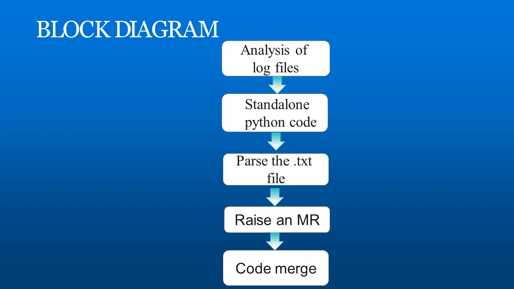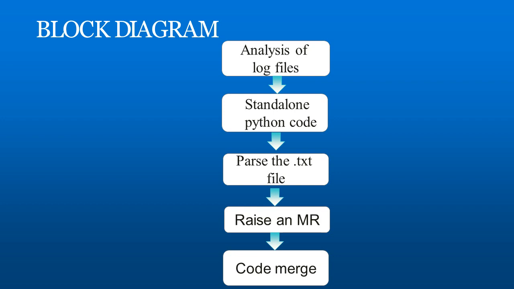The input will be a .txt file given by the user or the developer to the system. The user feeds the log file as input to the system, where the system has to read the whole file and then extract and identify the keywords.